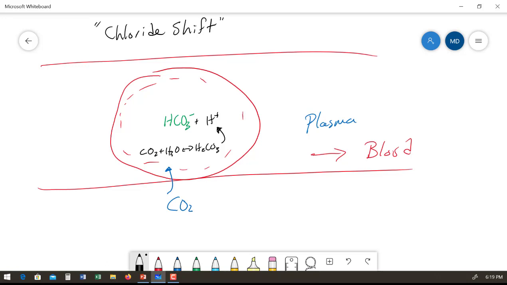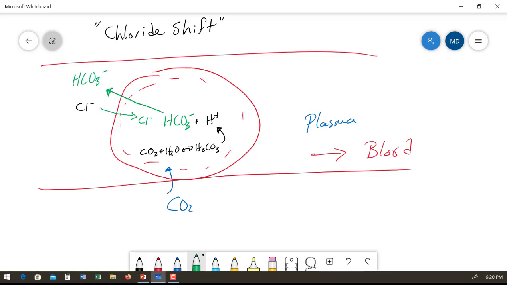Basically, in order to get the bicarbonate out of the red blood cell, we have to exchange it for something. In this case, we're going to exchange it for chloride. There are chloride molecules floating in the blood plasma, and what they do is they will exchange into the red blood cell in exchange for bicarbonate getting out of the red blood cell.